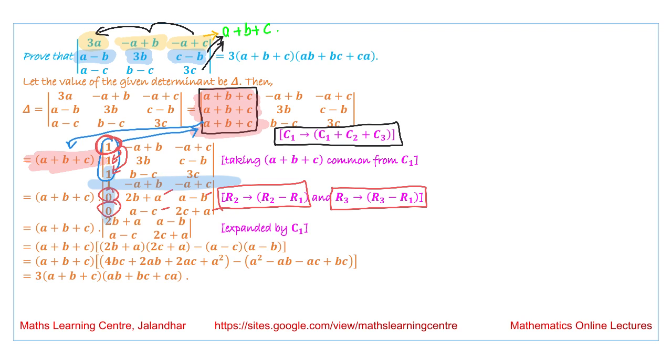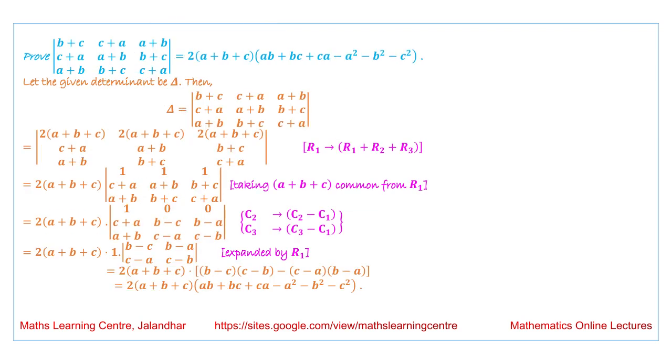So what we are left with is, this term is 1 over here, and we are left with this part of the determinant. Now by cross multiplying these terms, or by expanding this 2 cross 2 determinant, we obtain the final answer in this form, that it is 3 times a plus b plus c into ab plus bc plus ca.